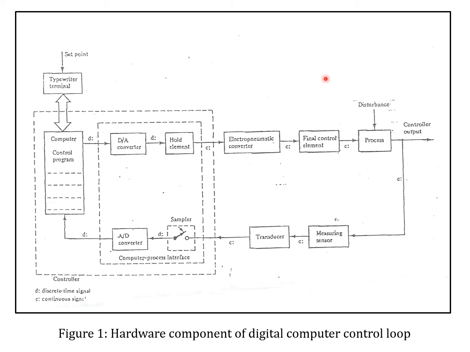Basically, the final control is the same, the process is the same, we have the measuring element. This is basically part of the measuring element, but when you go into digital, it means it's done by computer, where the controller is software based, so you have to go into what you call a sampler for it to be discretized, put into discrete signals and converted from analog to digital numerical values.